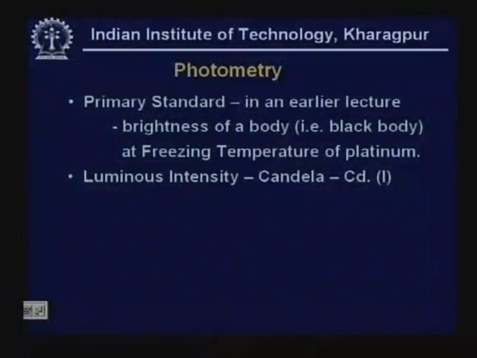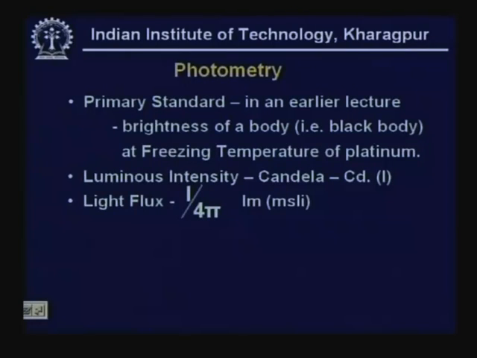That is how the term candela has come, which is the luminous intensity, and the total flux which comes out of a source, assuming it is a point source, was given as 4 pi I. If I is the luminous intensity, the flux is 4 pi I lumen.